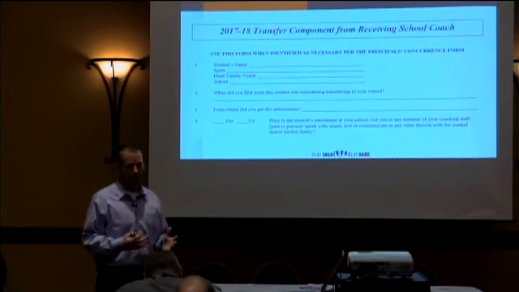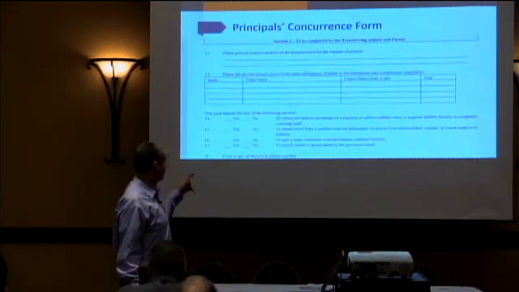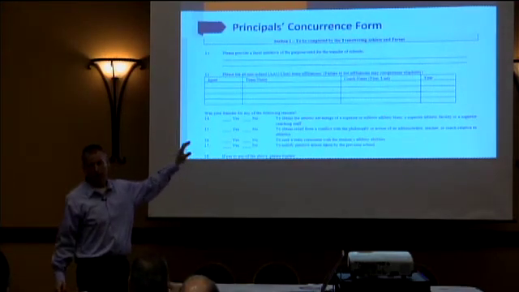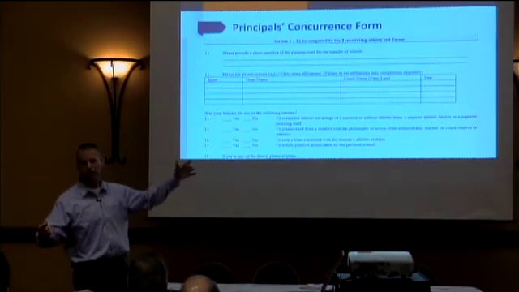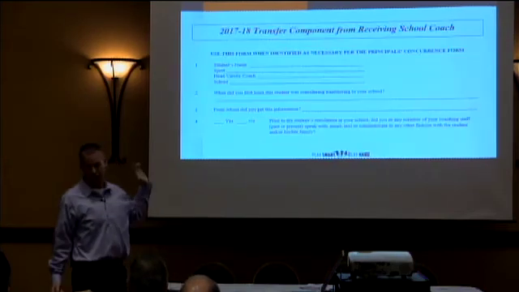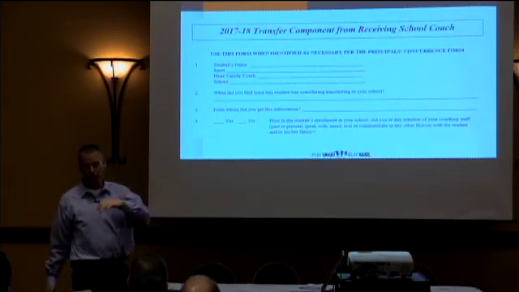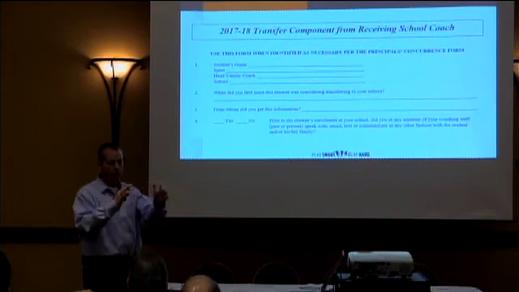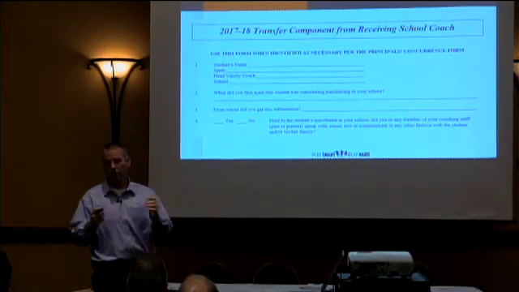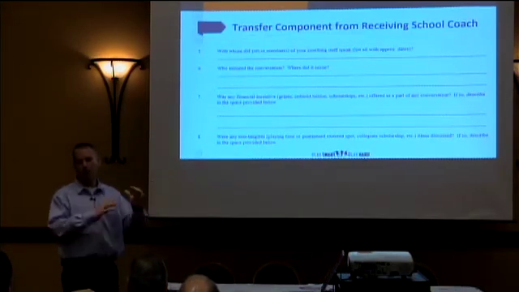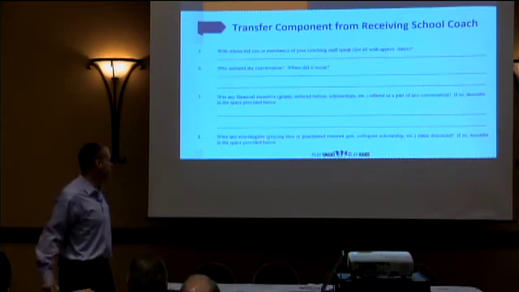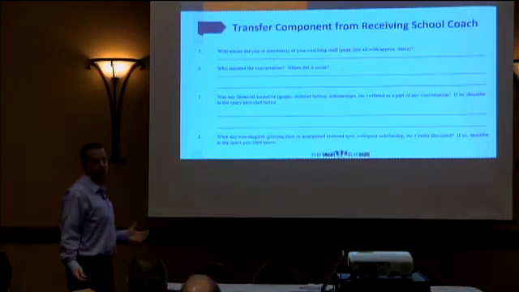As you read through it, it's simply trying, because of what was maybe put in this section of the concurrence form, the new parent, when they indicate that there's a coach that they're connected with, and maybe something else that has us a little bit suspicious about some connection and when those discussions occurred, then in this transfer component from the receiving school coach, we're able to get that coach's perspective of who communicated, when did they communicate with a student, did they coach, did they not coach, what things were guaranteed, did you guarantee anything about that student coming to your school, playing time, a financial scholarship, or whatever the case might be.